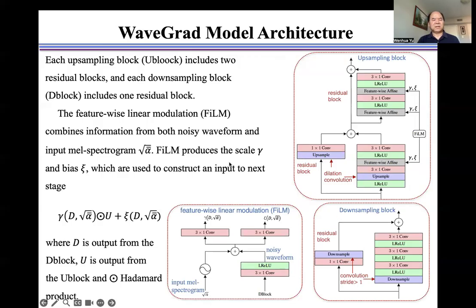The feature-wise linear modulation combines information from both the noisy waveform and the input mel spectrogram and root alpha bar, as shown here.